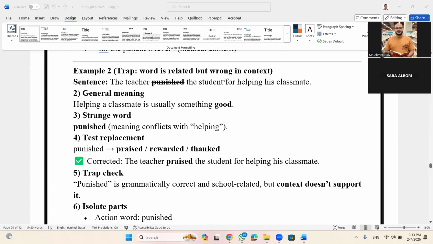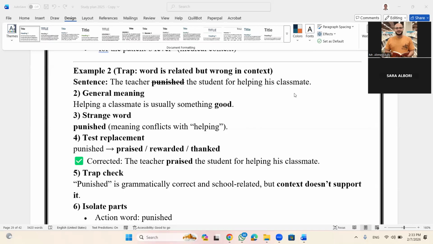Number two, the teacher punished the student for helping his classmate. What is the sentence about? About the teacher. Did what? Punished the student. For why? Helping his classmates. Which one does not fit the context here?